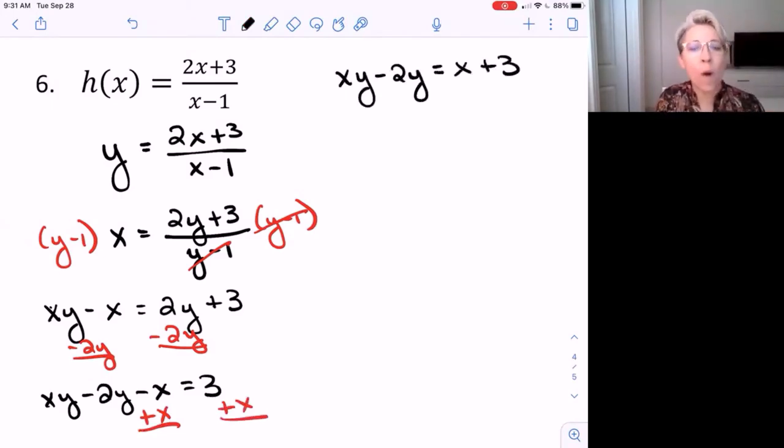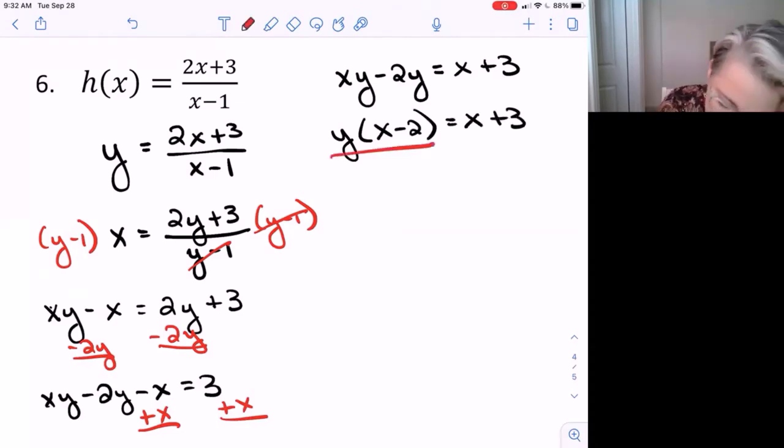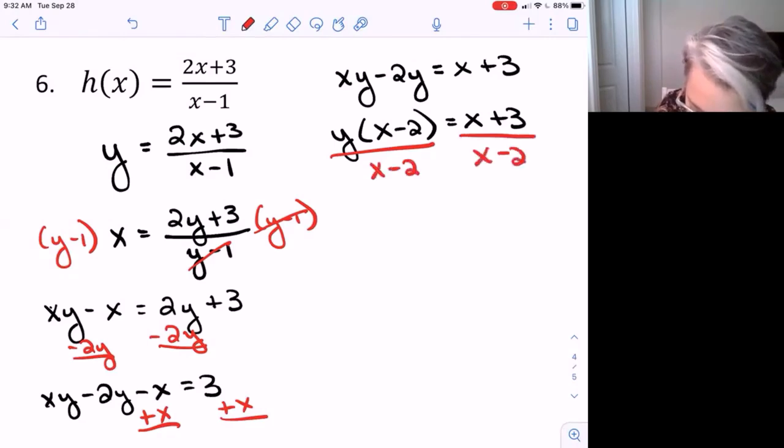But we're still trying to get y by itself. Okay, so get all the y terms together. And what can we do on that left-hand side to get just one y? Factor. Good. We can take out the y as a GCF, which leaves us with y times the quantity x minus 2 equals x plus 3. Since y is being multiplied by that binomial, we can now divide both sides by that binomial.